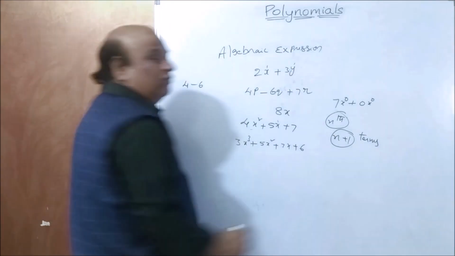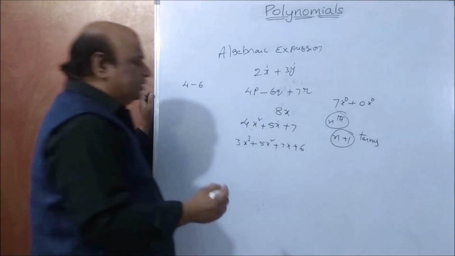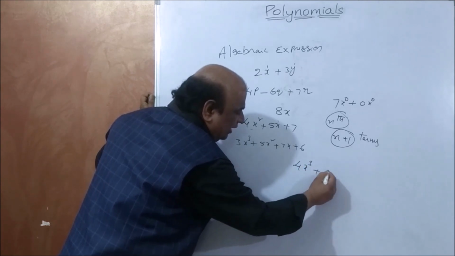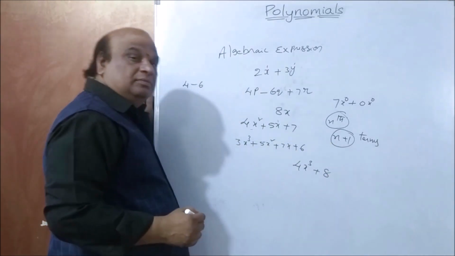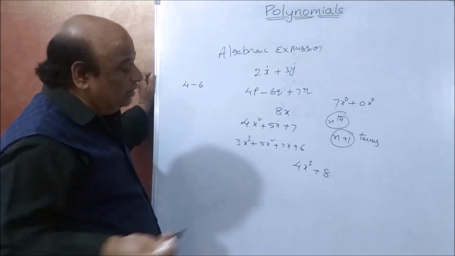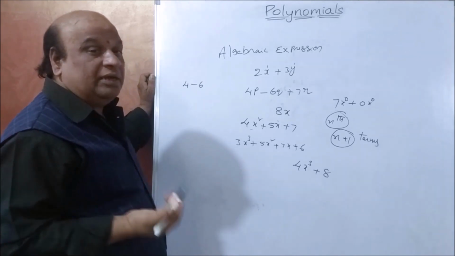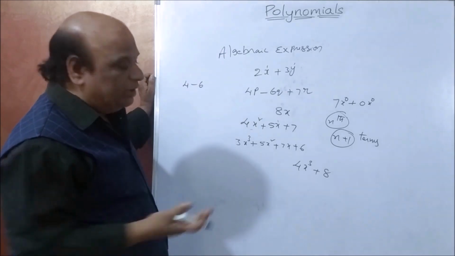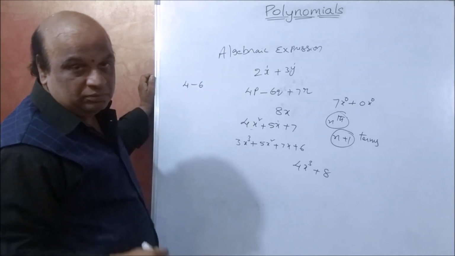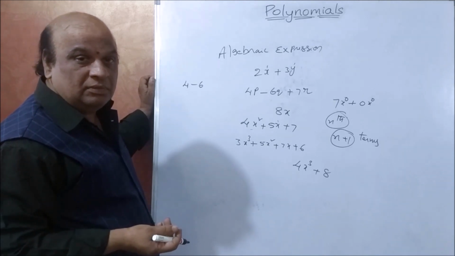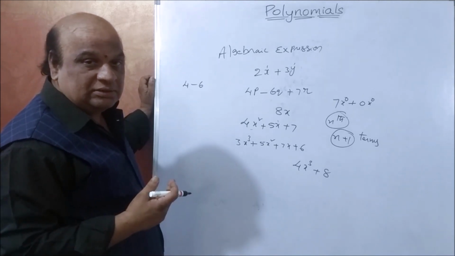N plus 1 terms. In some cases, we write 4x cube plus 8. But actually, a third degree expression has how many terms? 4 terms. But we have here only 2. Is it correct?